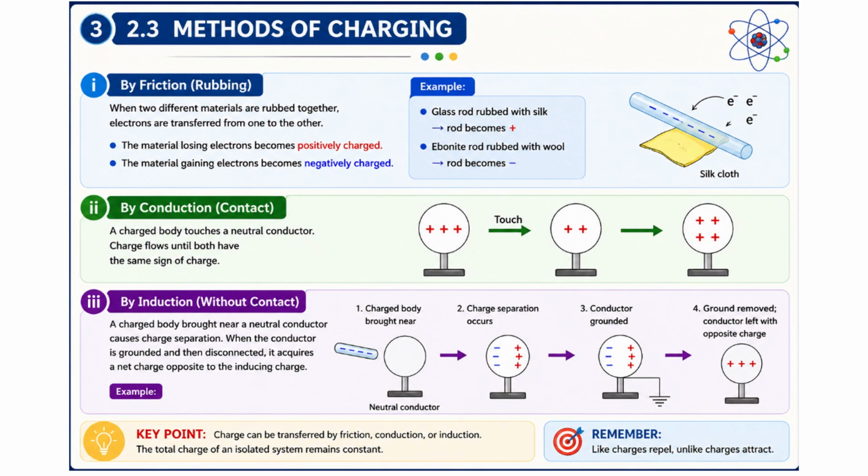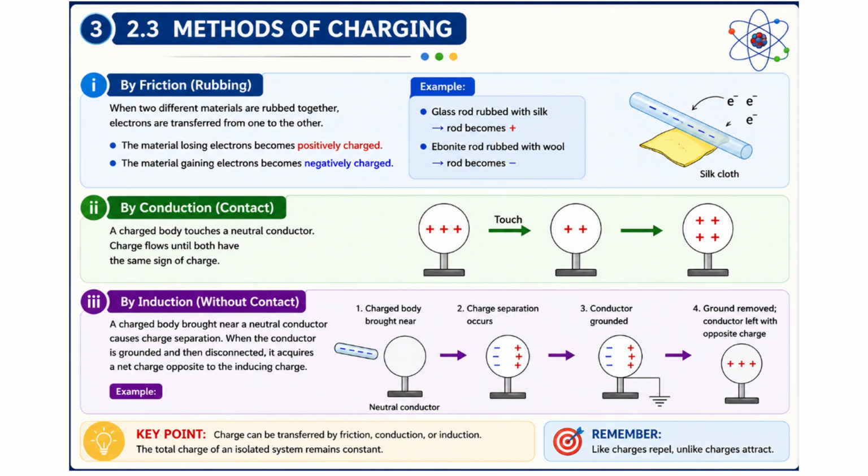even though there is no contact, the electric field of that negative rod is highly influential, to the extent that it repels the free moving electrons inside the metal sphere, pushing them to the far side of the sphere. This leaves the side closest to the rod with a positive charge.